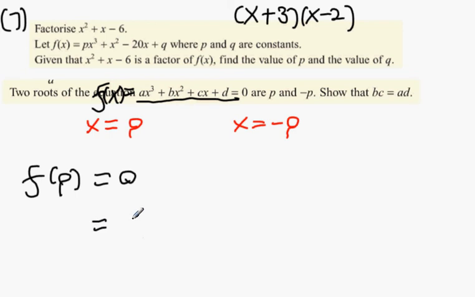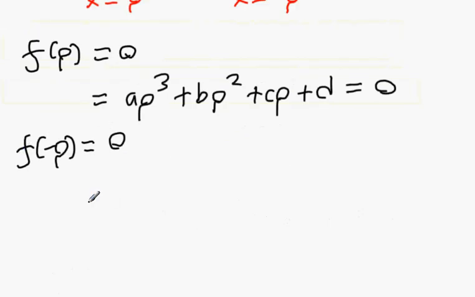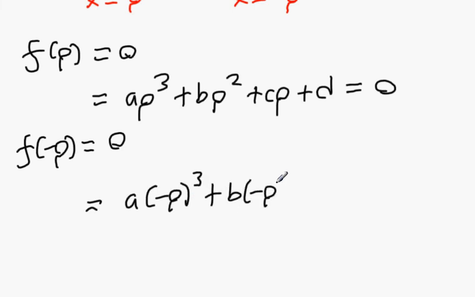Replace all x's with p's, and we get ap cubed plus bp squared plus cp plus d equals 0. Then we're going to do f of minus p equals 0. That is more or less the same thing, except it's a times minus p cubed, b times minus p squared, c times minus p plus d equals 0.